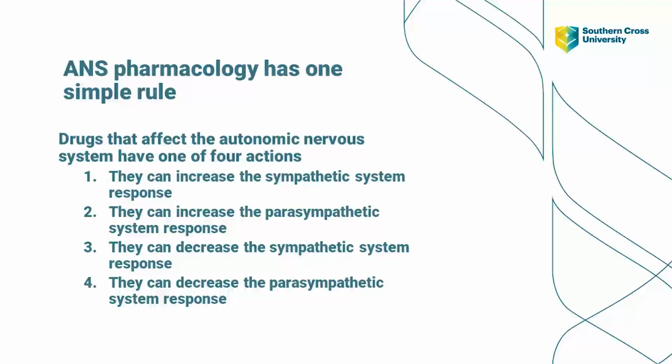Another thing that a drug that affects the autonomic nervous system can do is to decrease the sympathetic nervous system response. Let's say that someone was administered that drug that decreased the sympathetic nervous system. What would that do to the lungs? Well, that would constrict the airways of the lungs.